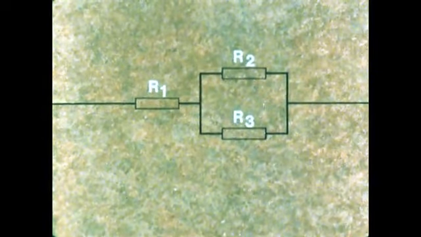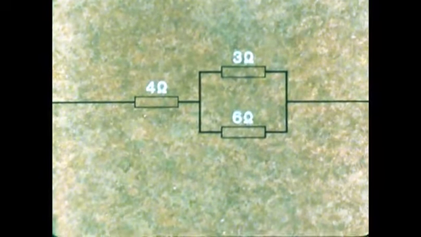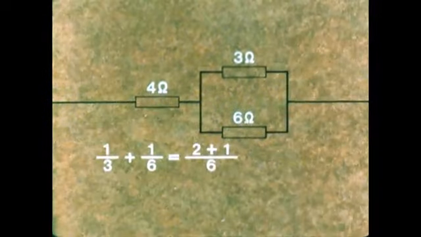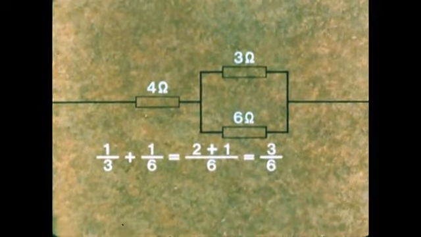Sometimes circuits are connected partly in series and partly in parallel like this. They are called series parallel or compound circuits and are quite easy to deal with. Take this one. To find RT, we find first the equivalent resistance for the parallel part. That is 1 over 3 plus 1 over 6, which simplifies to 1 over 2.